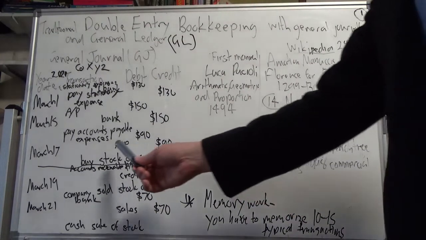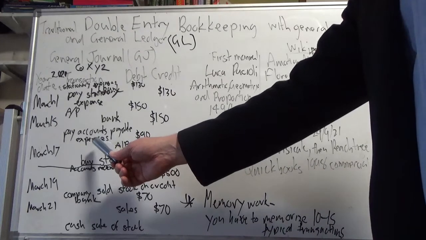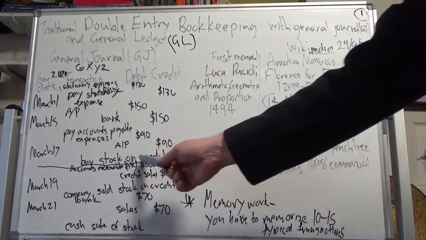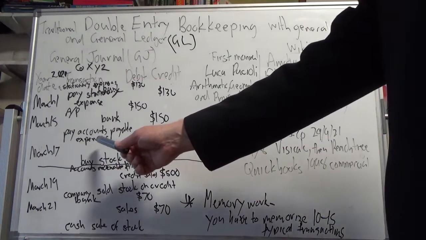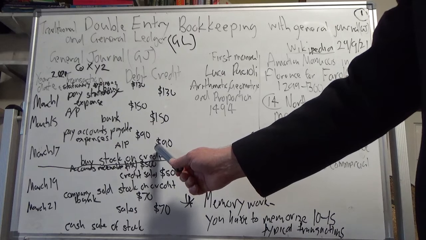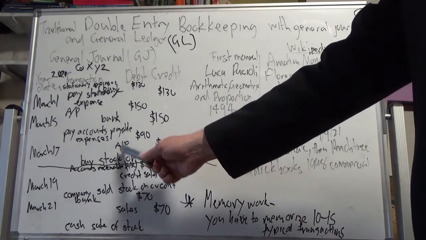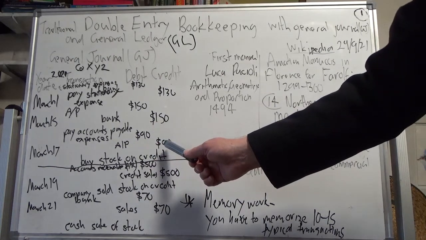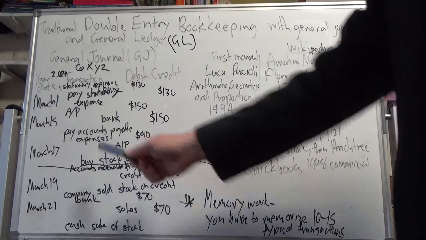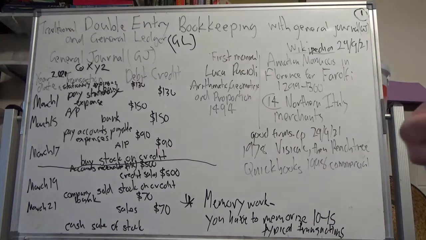So when that happens, you buy, for example, stock on credit. You credit the accounts payable, A/P in short, and you debit expenses, okay?